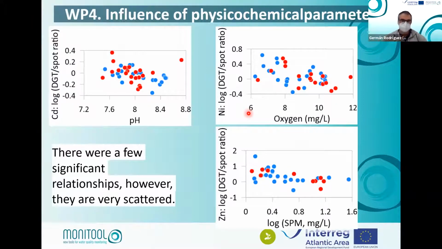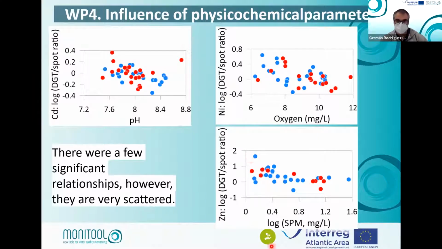There are a few exceptions, a few significant relationships. One is related to cadmium. Okay, that is an indirect relationship. So the higher the pH value, the lower the ratio. We also have a relationship between the oxygen content and the ratio for nickel, again indirect, and also in the case of zinc with suspended particulate matter.